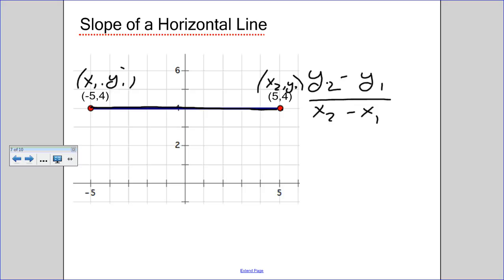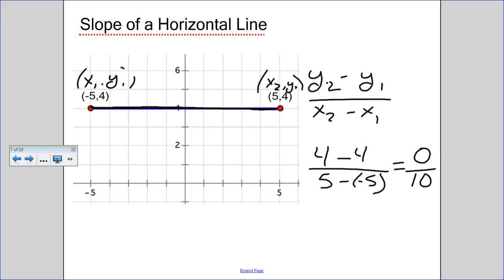Here, we could fill in 4 minus 4 over 5 minus -5, or we could say 5 plus 5 if you would want to. If we simplify this, we get 4 minus 4 is 0 over 5 minus -5 is 10. When we have 0 in the top of our fraction, that tells us that the slope of this line is 0.